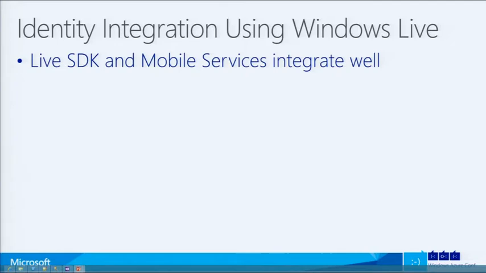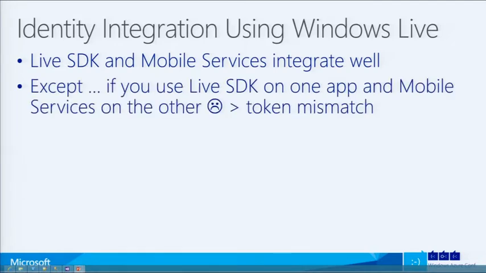But the only thing which is a little bit challenging at the time is, what if you use Live SDK on one app and mobile services on the other, like you could be doing already? The case which we had is, since the mobile service SDK for phone wasn't ready yet, we were using Live SDK on Windows Phone and mobile service application on Windows 8.